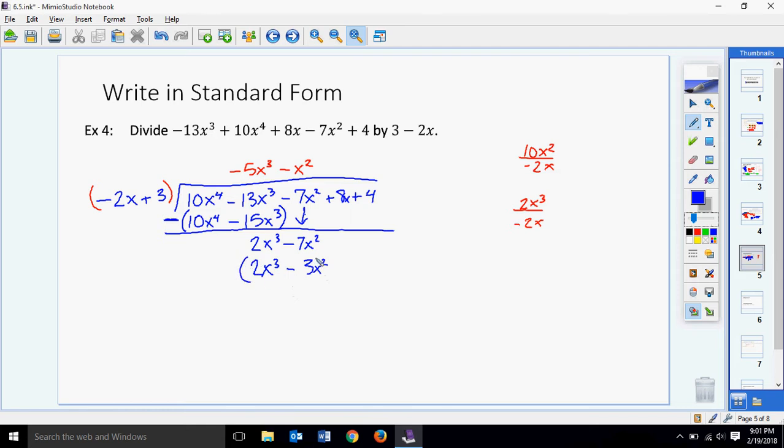Now you're ready for the subtraction step. Make sure you put it in parentheses. Positive 2x cubed minus a 2x cubed would cancel out. Negative 7x squared minus a negative 3x squared would give you negative 4x squared.